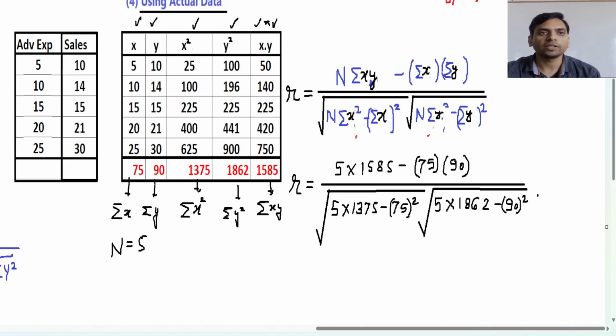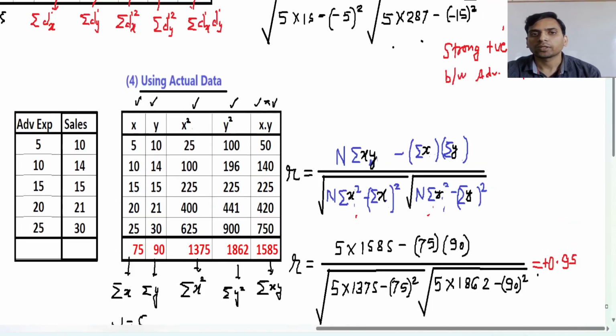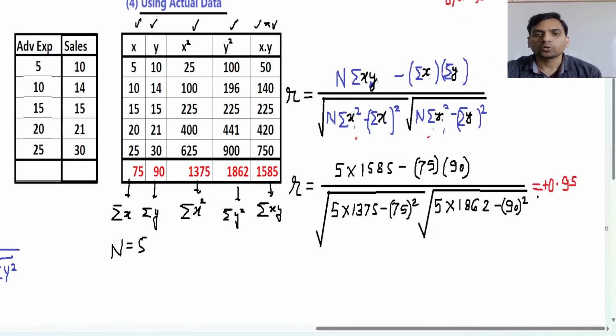So on solving, you will see the value of r as 0.95. This is plus. So this r equals 0.95.